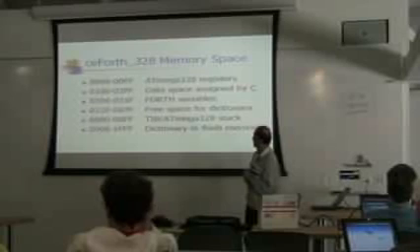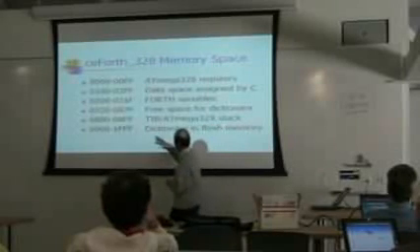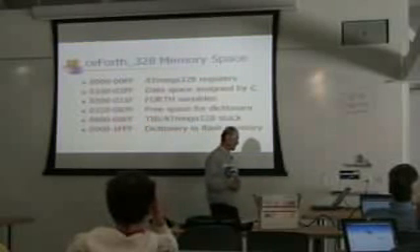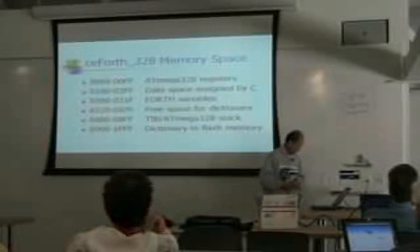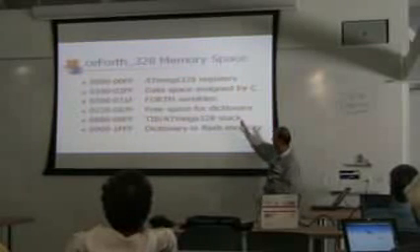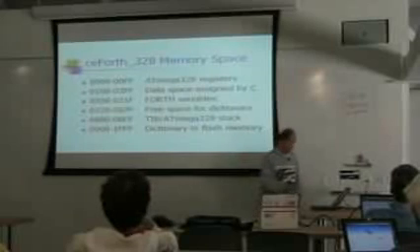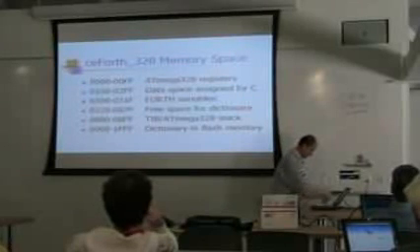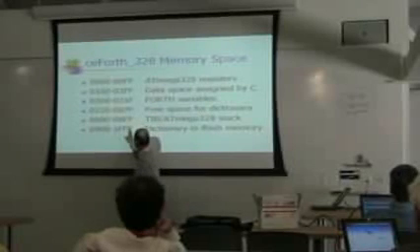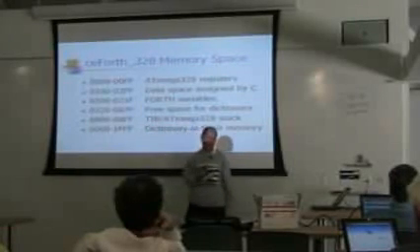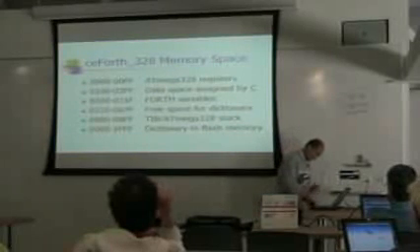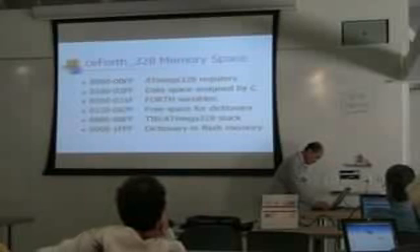As long as you stay within this area, it's safe. You can read and write and do anything you want, but just keep away from the other area, and eForth runs just fine. From 900 up to 1FFF is where the original dictionary is, stored in flash memory.